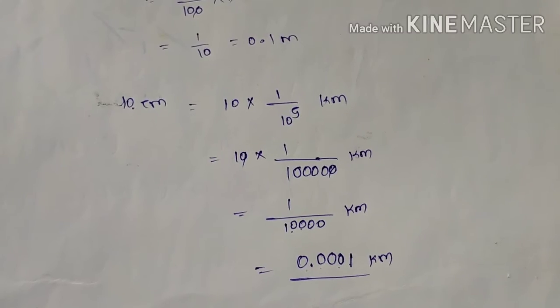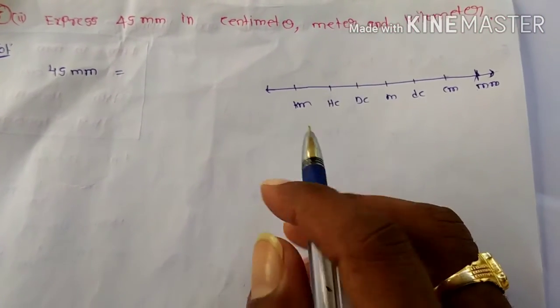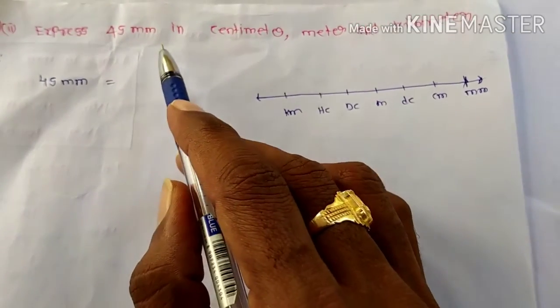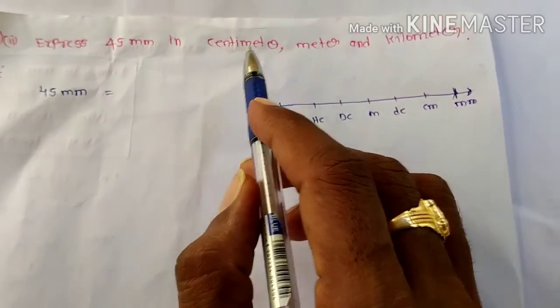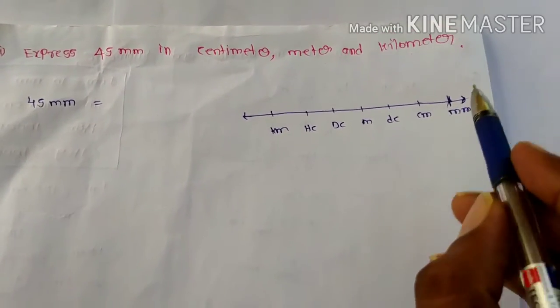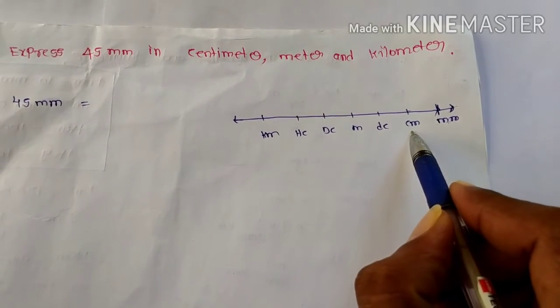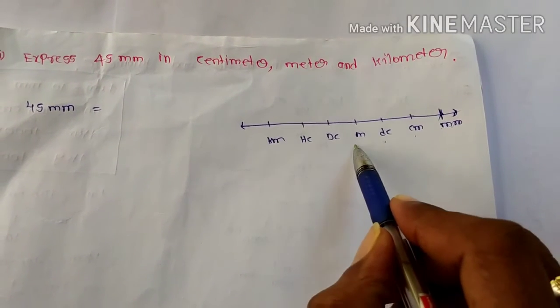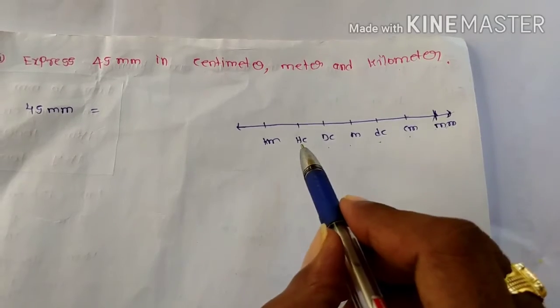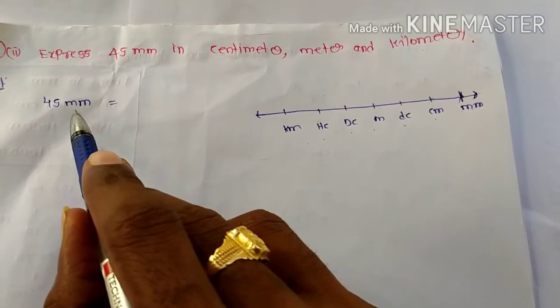This is your answer. Now you can see here exercise 5, question number 3.2. Express 45 millimeters in centimeter, meter and kilometers. Already you know that. See the diagrammatic representation of lengths: millimeter, centimeters, decimeters, meters, decameters, hectometers, kilometers. Already they have given in millimeters.